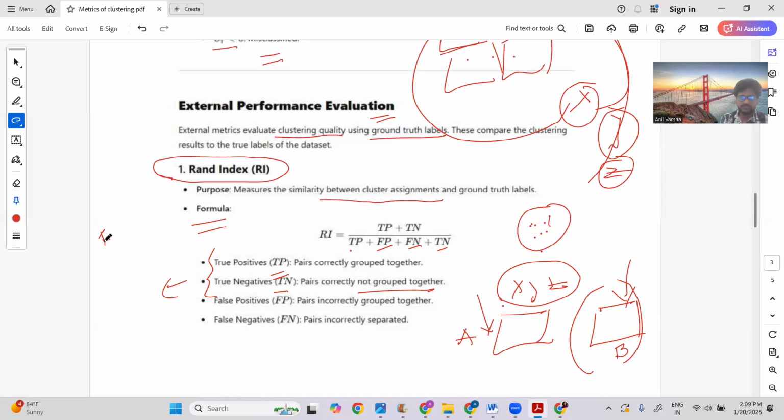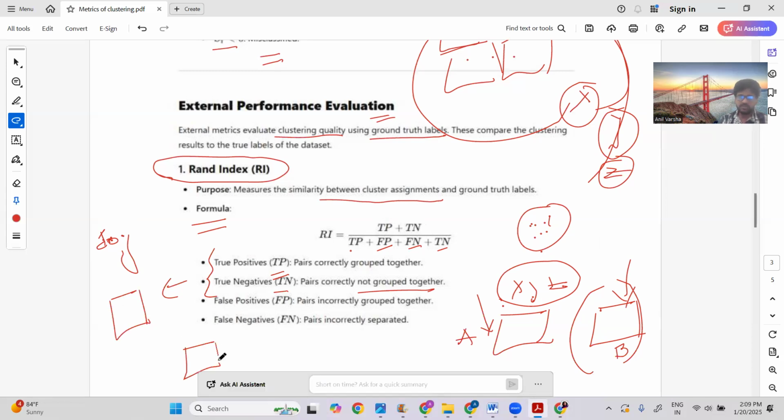I'll take a simple example. There is a dog cluster, and there is another cluster, not dog. I have taken data point X, and data point X is a dog.